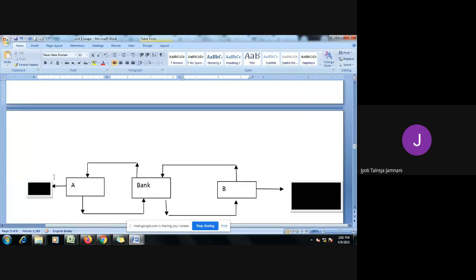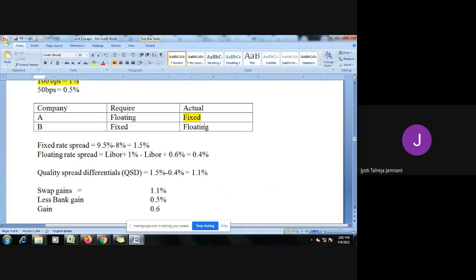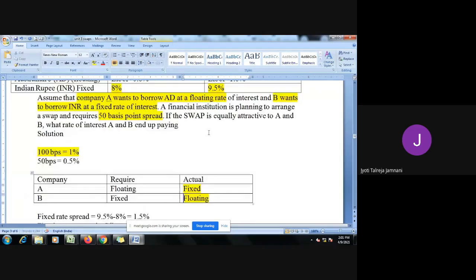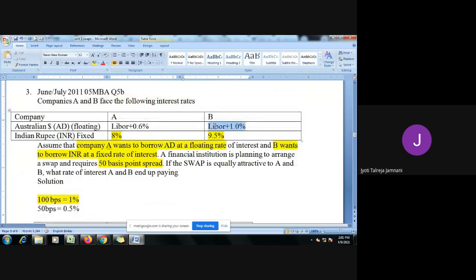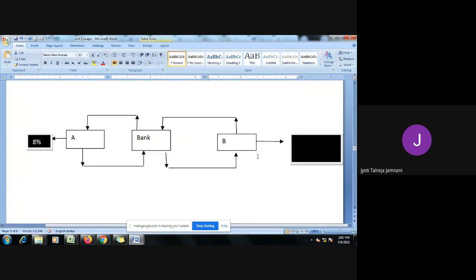So A will give 8% to the open market. Then we'll see what is B's actual. B's actual is floating rate. So B's floating rate is LIBOR plus 1%. So we will give LIBOR plus 1% in the open market. This is what they've done actually.